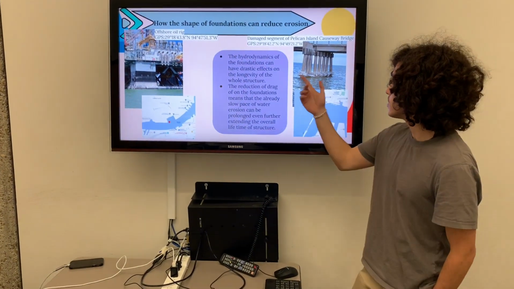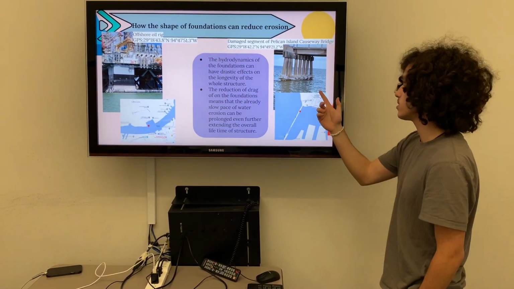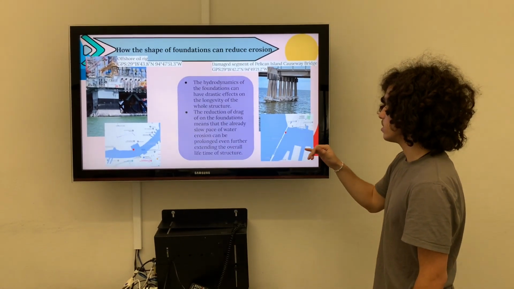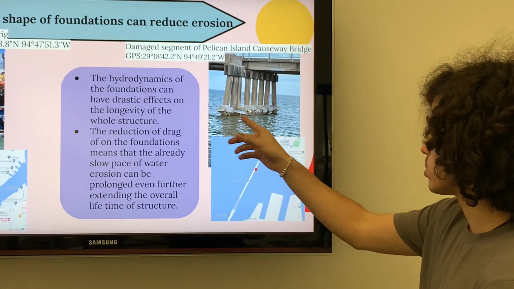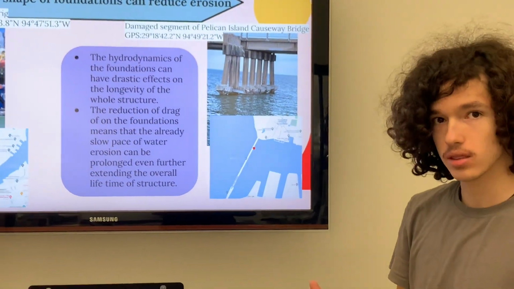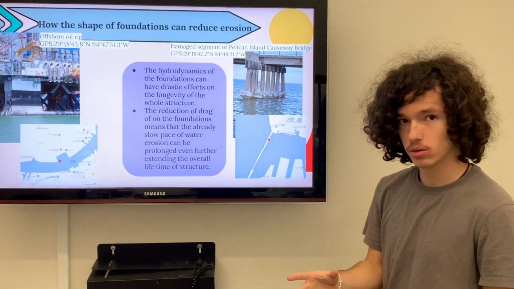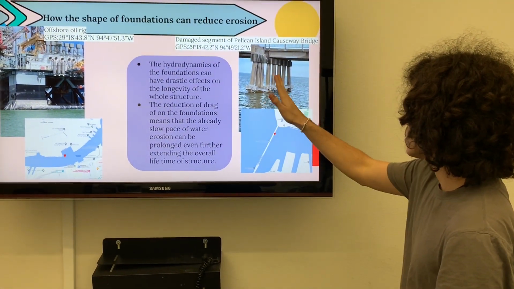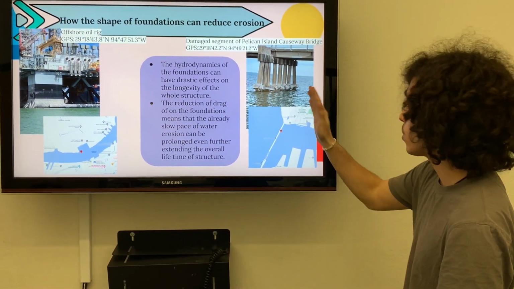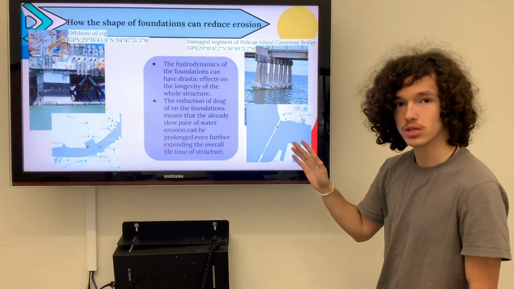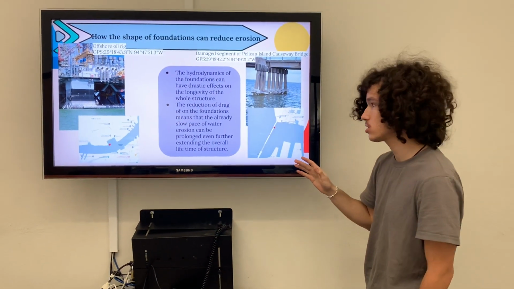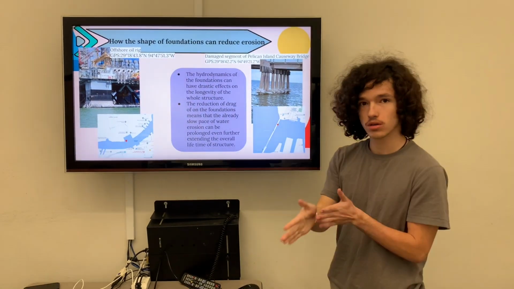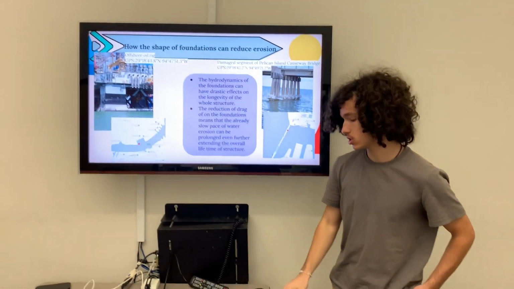Oh, and in these photos right here, we could see that in this bridge, not only are the bottom parts of it very skinny so that the water can easily flow around it, but also, it's not shown in here, but this is going with the flow of the stream, so it doesn't interact with it too much, thereby reducing the amount of erosion that the foundations would face.